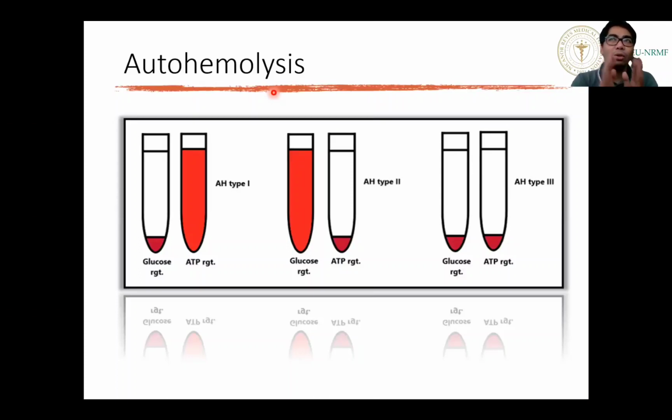But eventually, it will lyse at a certain point, pag na-exhaust na yung energy or glucose doon sa plasma. Pero at 40 to 45, hindi mabilis mag-form yung lysis, because a normal red cell has enough energy to sustain itself.